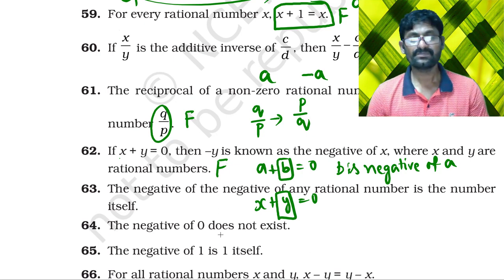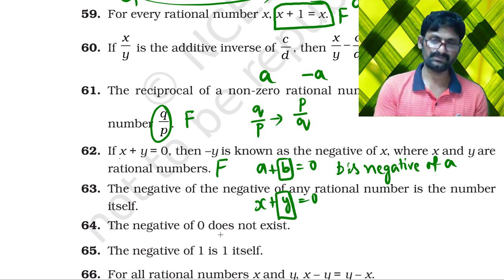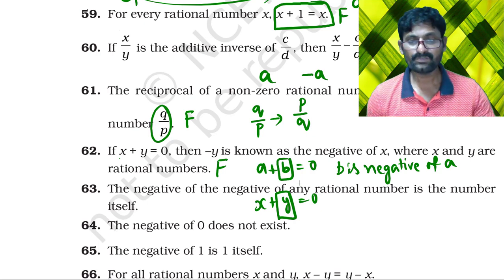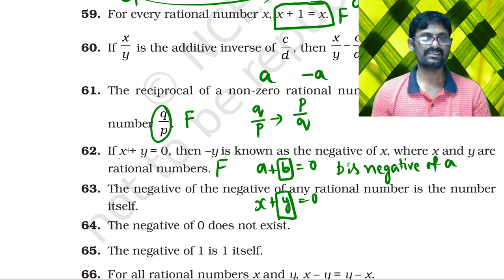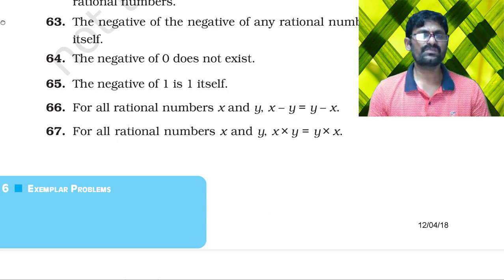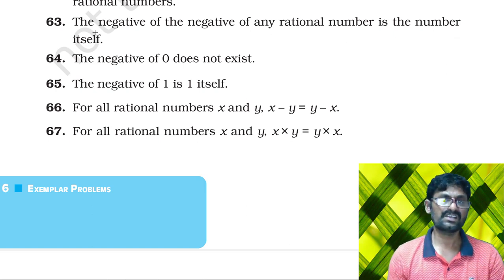Don't get confused. If x plus y equal to 0, it means x is negative of y and y is negative of x. Right, understand? So be sure y is negative of x, not negative y. Now let us go to the next problem, that is 63. The negative of any rational number is the number itself.